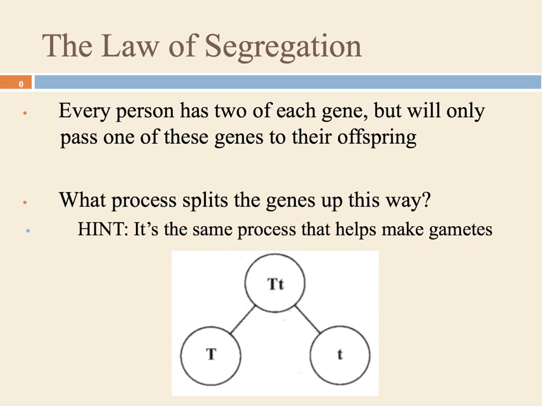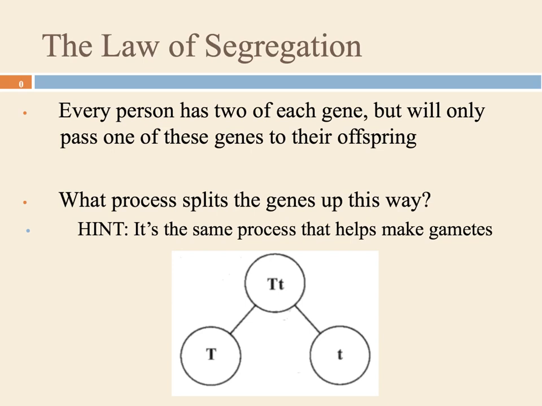So here is, let's say, a tall plant that has the genotype that you see here, big T, little t. There is a 50% chance that they are going to give the dominant allele, and there's a 50% chance that they are going to give the recessive allele to their offspring. So genes split up during meiosis and create the 50-50 chance as to how they're passed down.